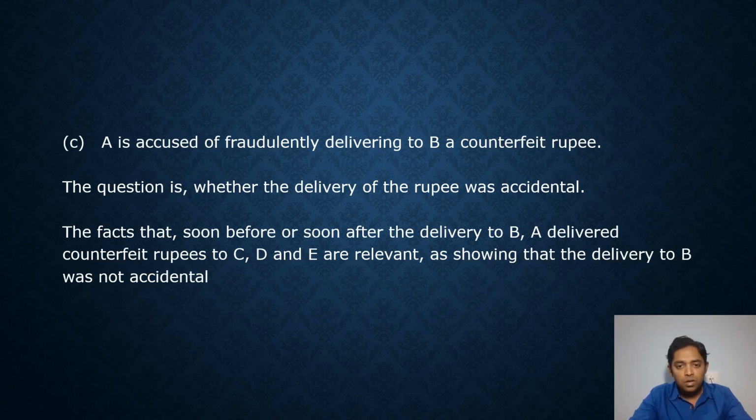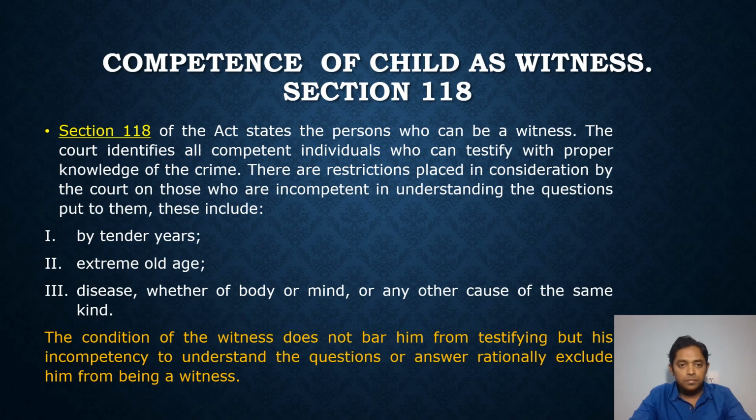A is accused of fraudulently delivering to B a counterfeit rupee. The question is whether the delivery of the rupee was accidental. The fact that soon before or soon after the delivery to B, A delivered counterfeit rupees to C, D, and E are relevant, as showing that the delivery to B was not accidental.